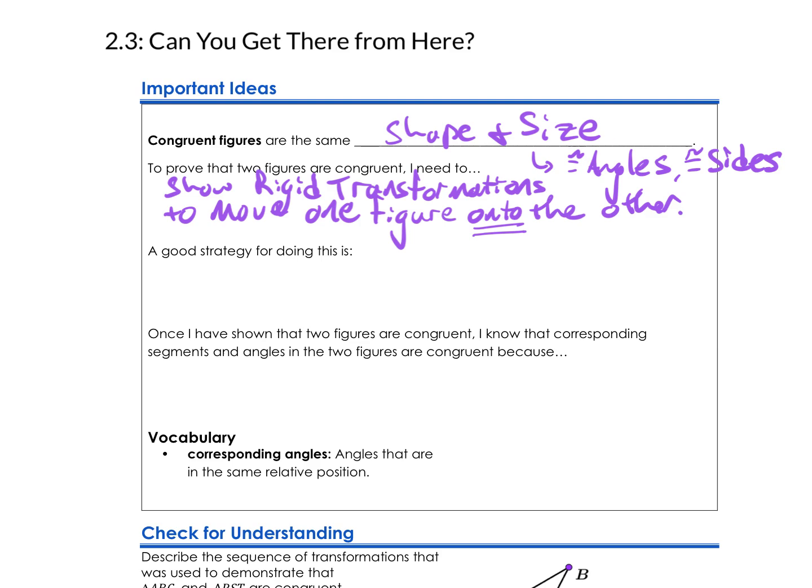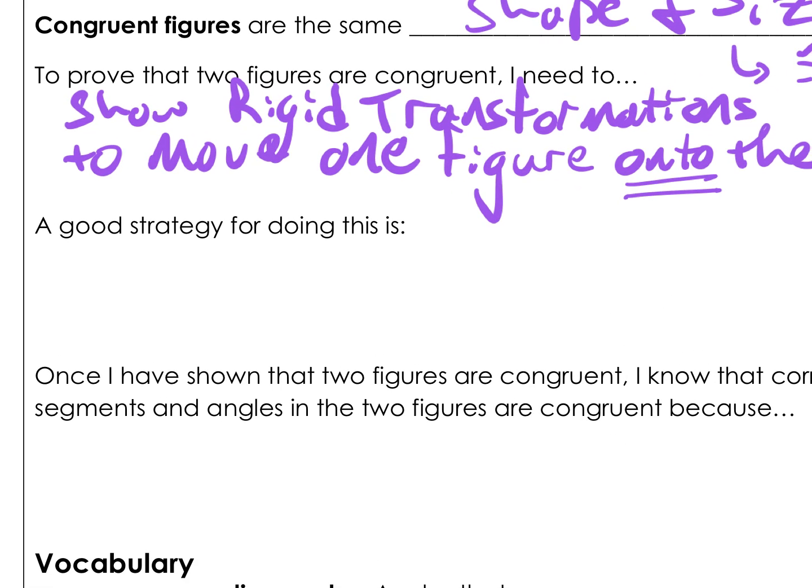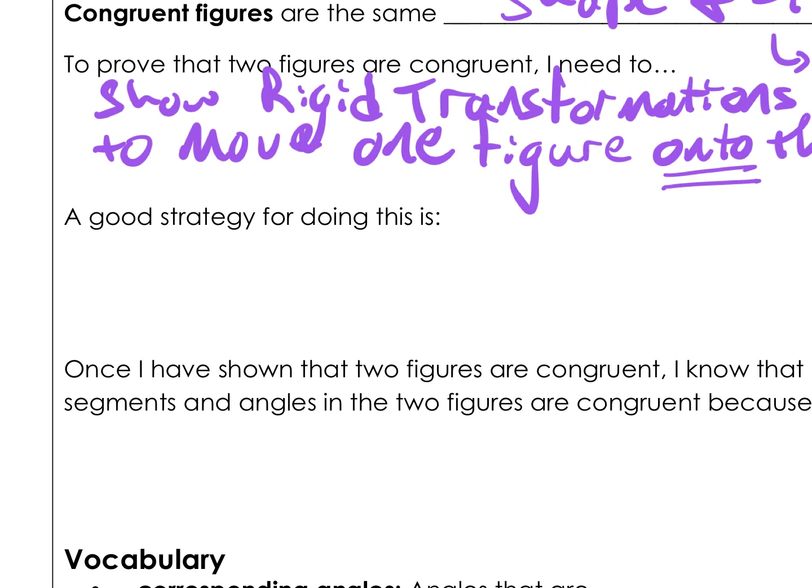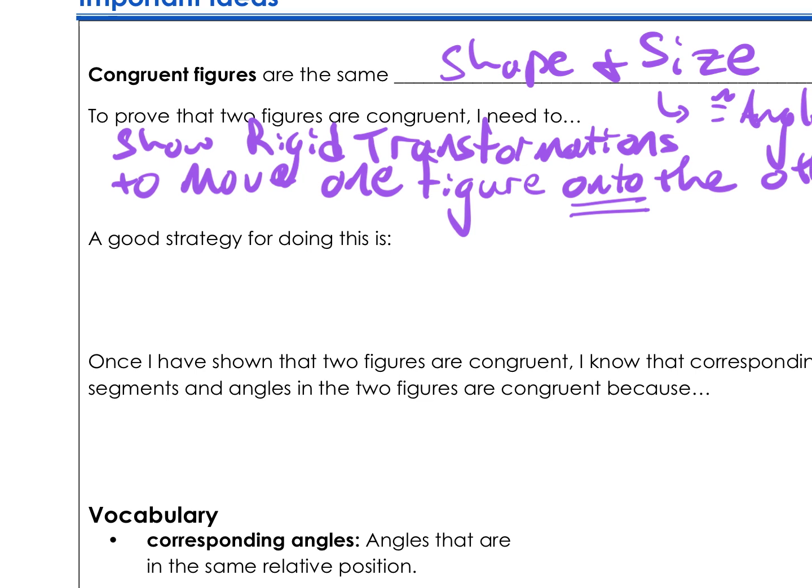Now, a good strategy that we came up with for doing this is a three-step process. Here's the idea. If we have a triangle and we make a copy of it, maybe A, B, C, and D, E, F, and we want to map one onto the other, we came up with a general strategy.